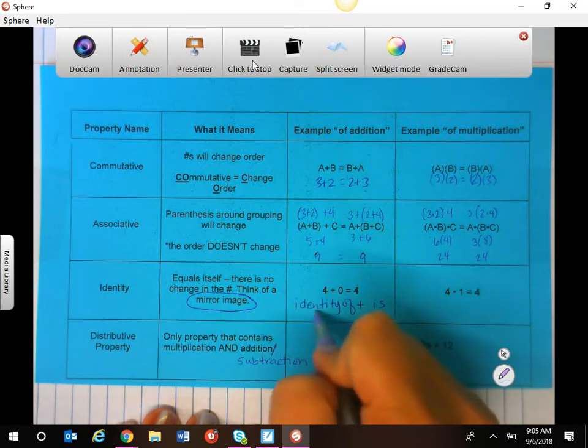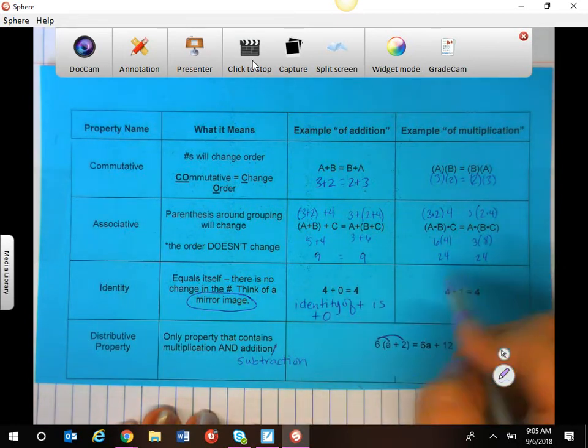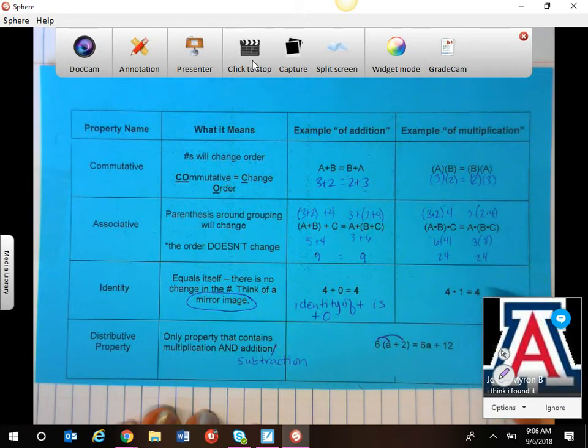Is when you say plus 0. Now, for multiplication, it is not the same, right? The identity for multiplication, identity of multiply, is times 1. You can put it in parentheses, because that's how we end up with the same value.